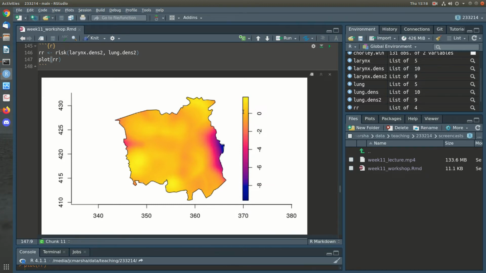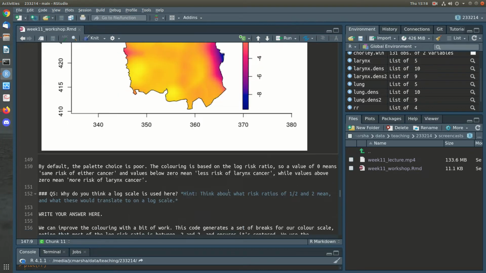It's not differentiating bigger than 0, which is risk, from less than 0, which is no risk. Most of the values in the surface are actually in this range, and it's just that we've got this big blob over here of nothing, no larynx cases because there's no people over there. That's making the scale go all wonky.